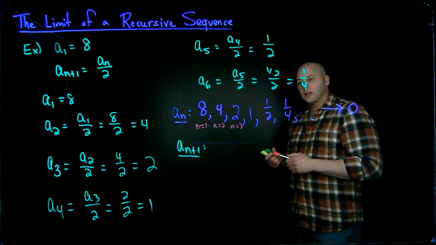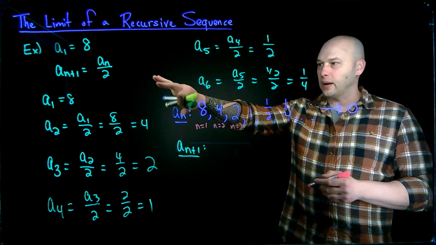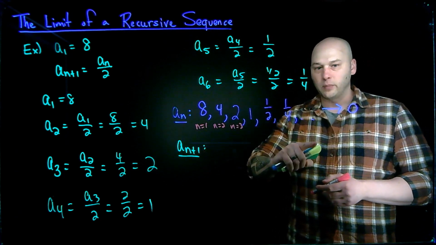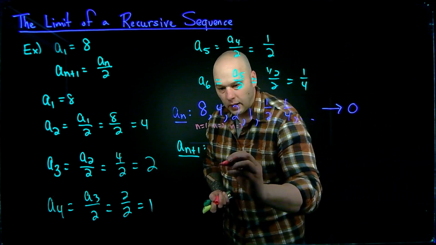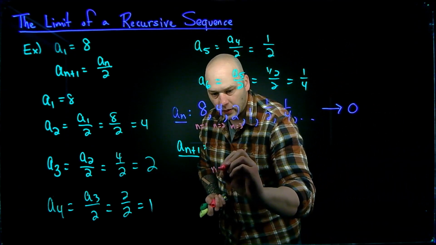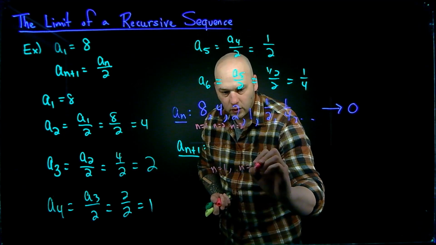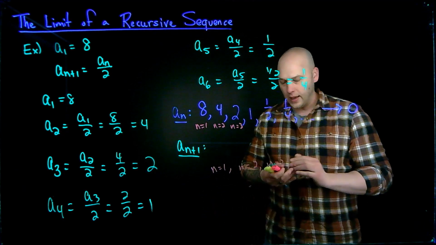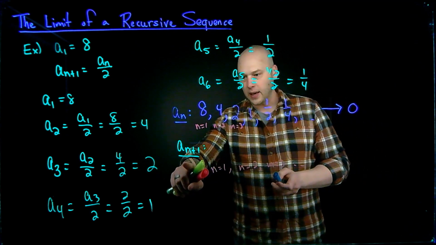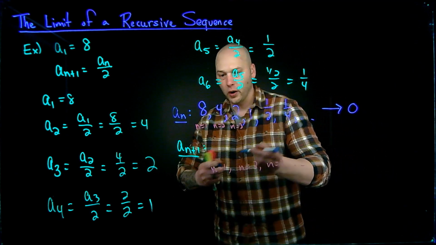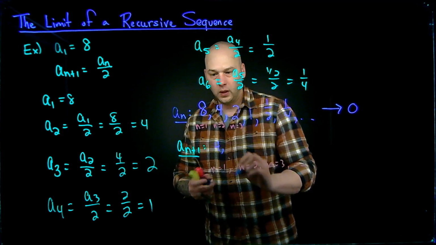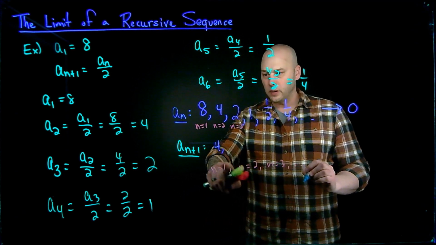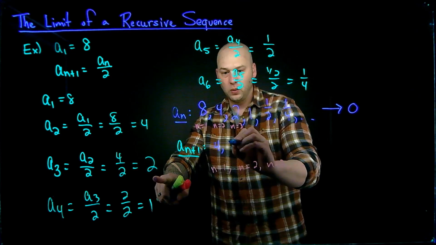Now, if I wanted to take that same expression and use a sub n plus 1, well, this would be, again, when n is 1, n is 2, n is 3, so on and so forth. Well, when n is 1, this would be a sub 2, which is 4. And then when n is 2, that'd be a3, which is 2.